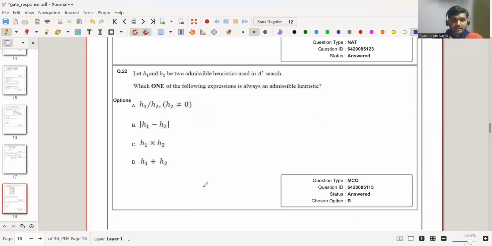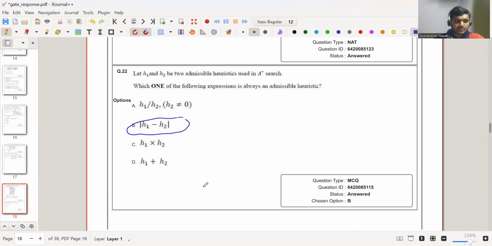Let H1 and H2 be two admissible heuristics used in A star search. Which one of the following expressions is always an admissible heuristic? This expression represents the absolute difference between two admissible heuristics.